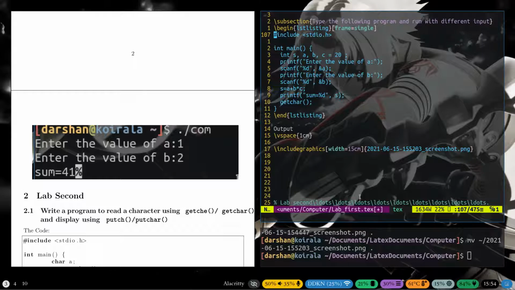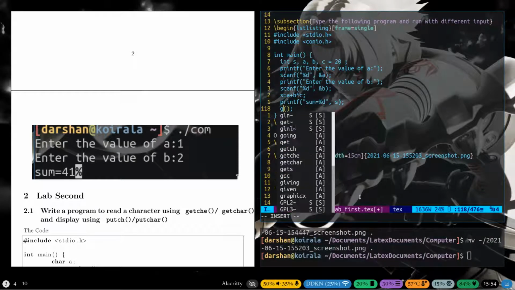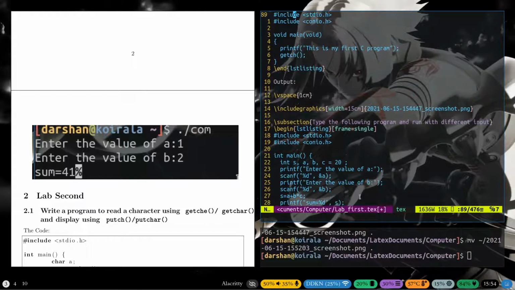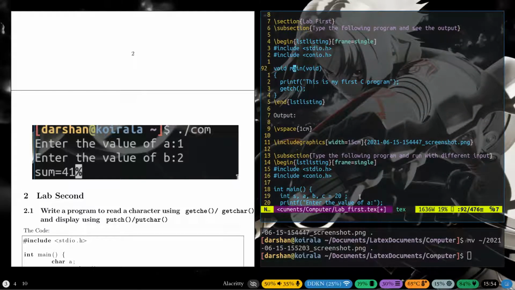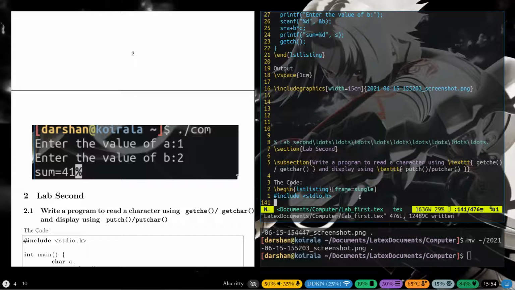It is a deprecated thing. So I have to include conio.h, and instead of getchar you have to use getch, which is just going to work in the Windows system, but it is not going to work here. Conio.h, yeah, that's good. That is what you should have, right?